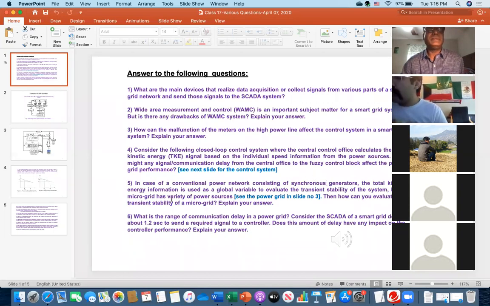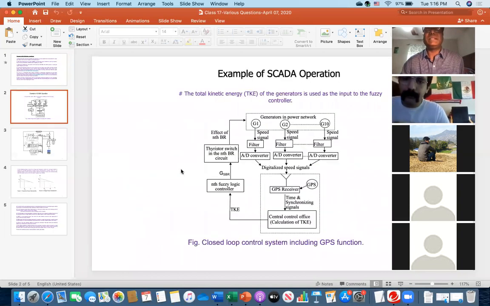So for example, just now we showed this picture, you see that all 10 generators, G1, G2, through G10, those are the conventional system. Conventional generator means those are the synchronous generators. And still, those generators are widely used all over the world. Because those are synchronous generators, the speed signal is the main variable, and that speed signal creates the total kinetic energy.